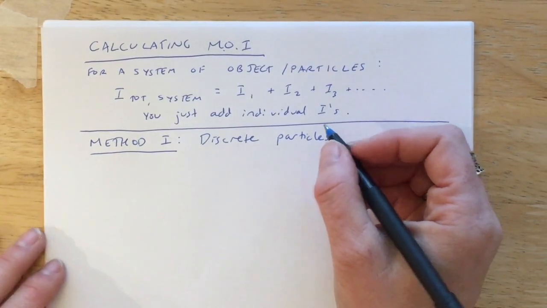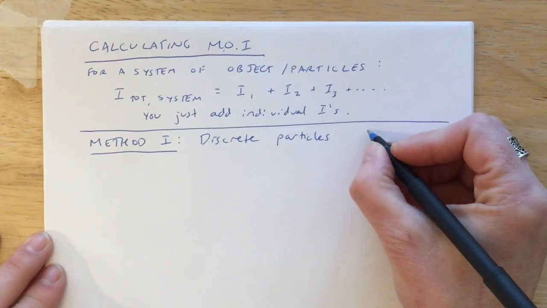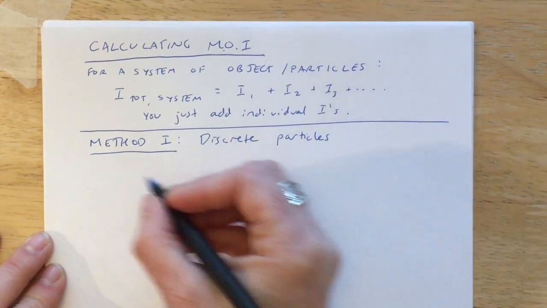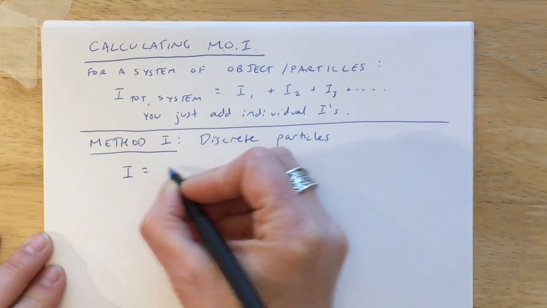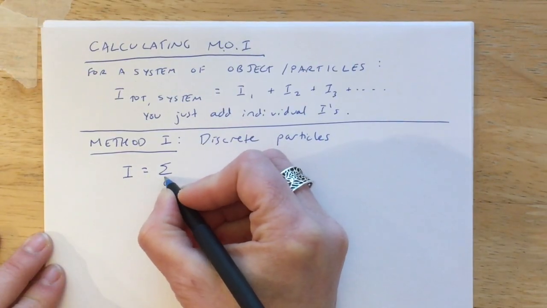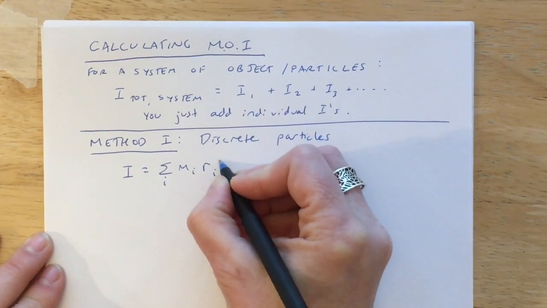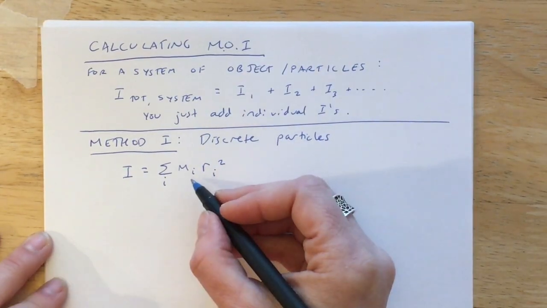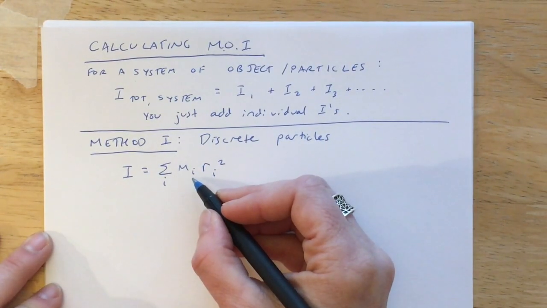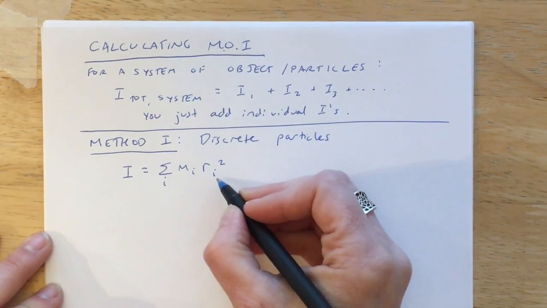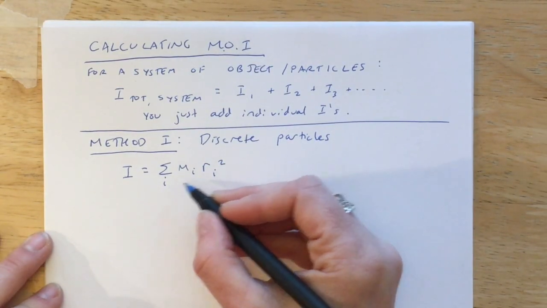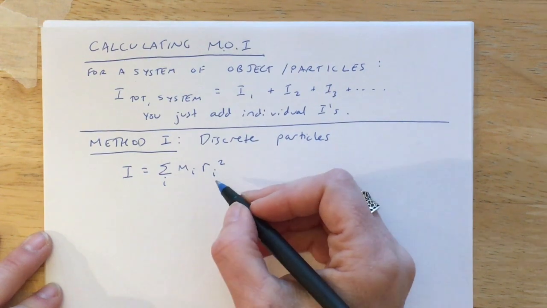So for discrete particles, the moment of inertia equation is simply going to be I is equal to the sum over all particles i of m sub i r sub i squared, where m sub i is the mass of some individual particle i, and r sub i is the distance that mass is from the axis.